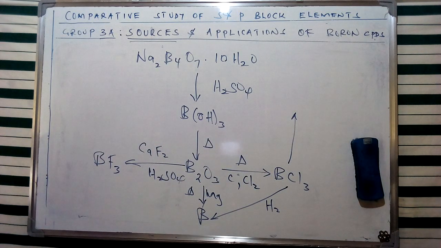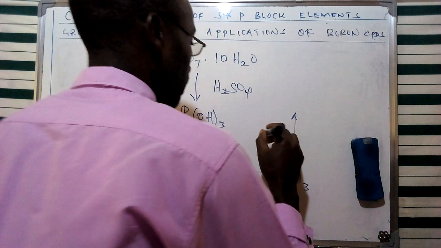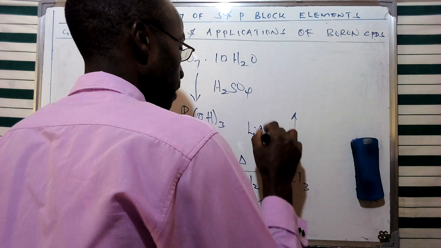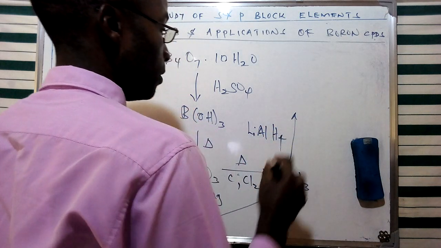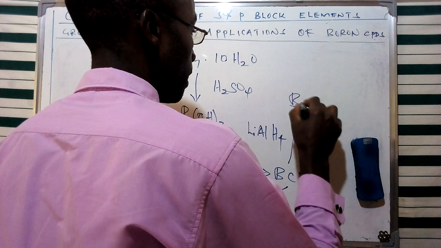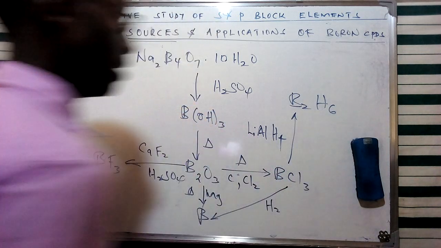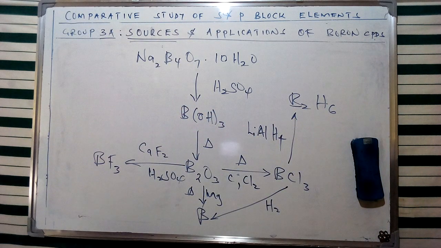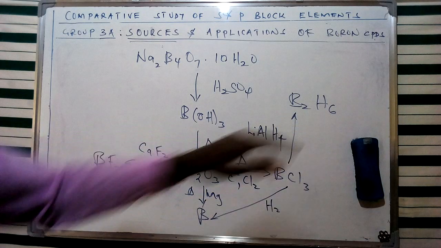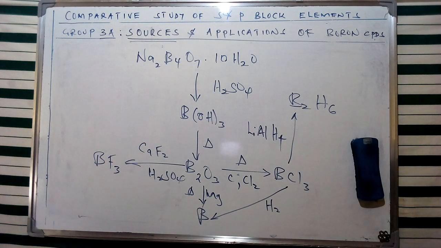Now we can obtain that compound from the chloride of boron by reacting it with lithium aluminium hydride. So this forms the specific compound which was mentioned and contrasted with the group 2 member in our last discussion. So this is a simple schematic reaction diagram which will assist us in appreciating various forms of boron and its compounds and some of the applications which I've mentioned in this video.